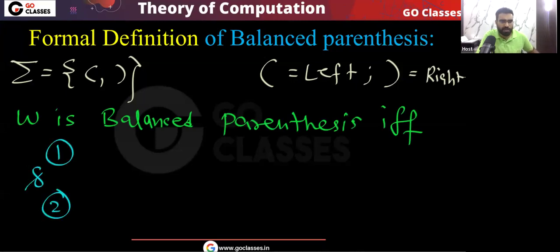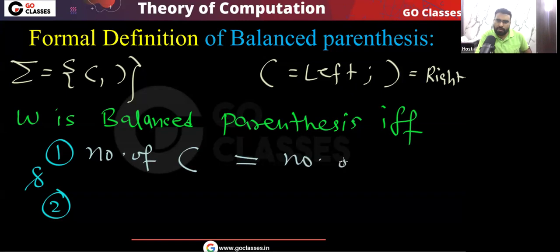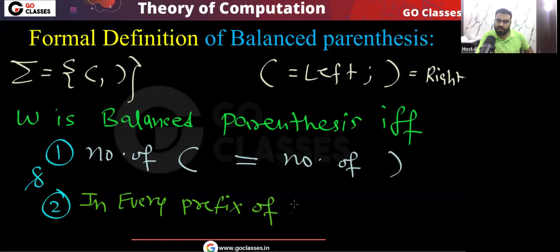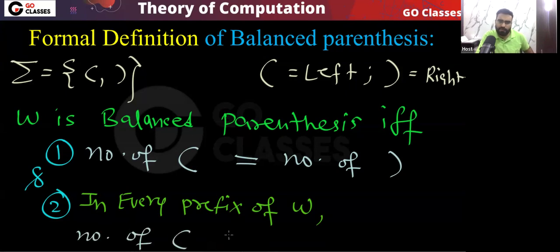The first thing is the number of left parentheses is equal to the number of right parentheses in the entire string W. And the second point: in every prefix of W, the number of left parentheses is greater than or equal to the number of right parentheses.